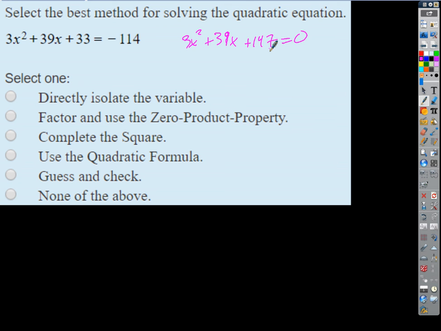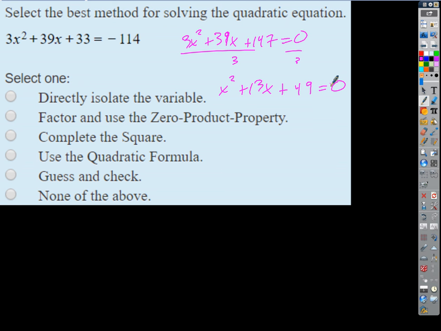Does 3 go into 147? How do you know it does? Add up the digits. 1 plus 4 plus 7 is 12, which is divisible by 3. So it goes into that, right? So if I divide each side through by 3, I get x squared plus 13x plus 49.